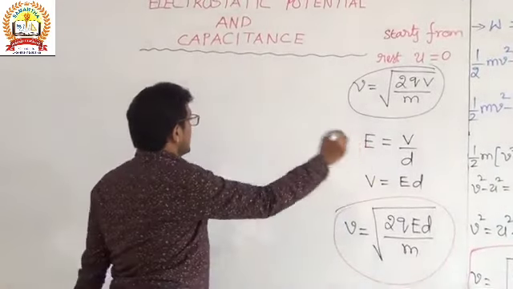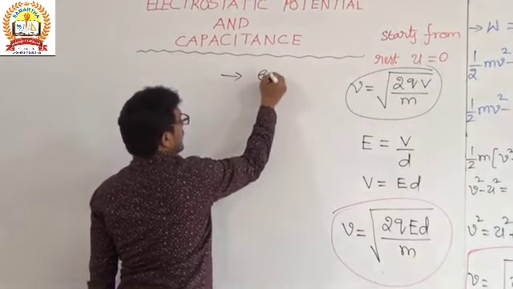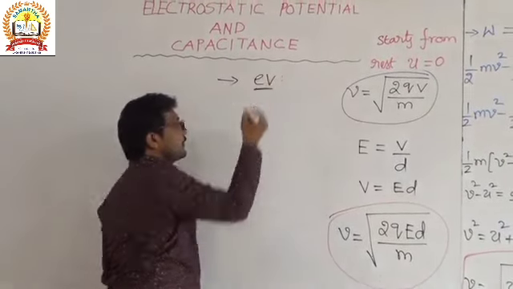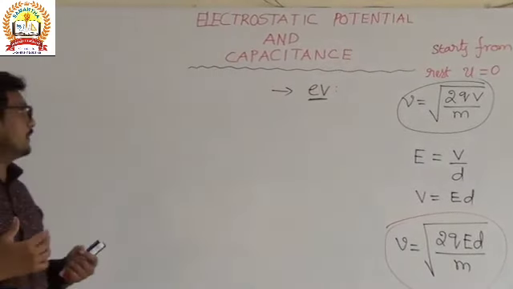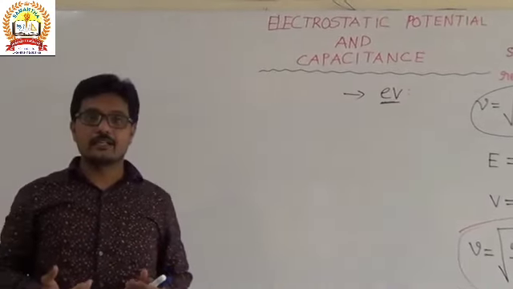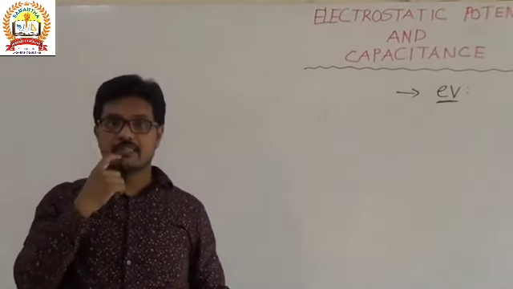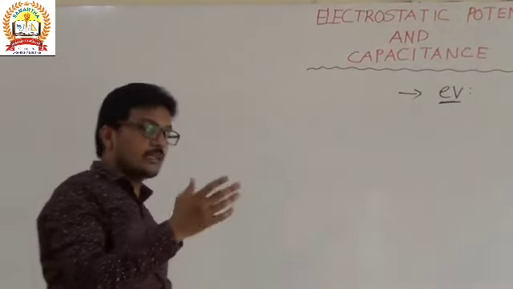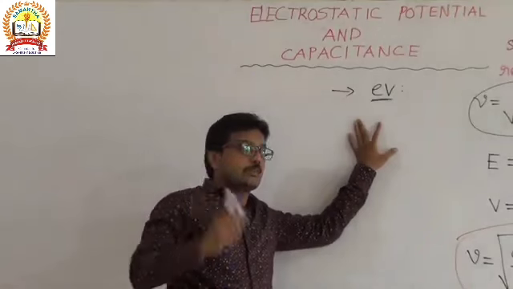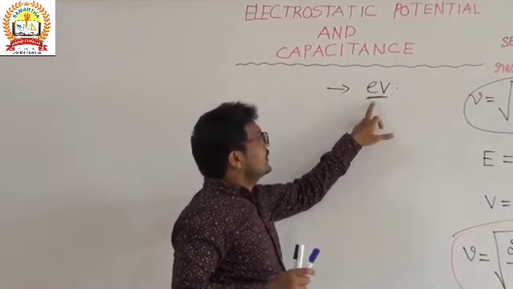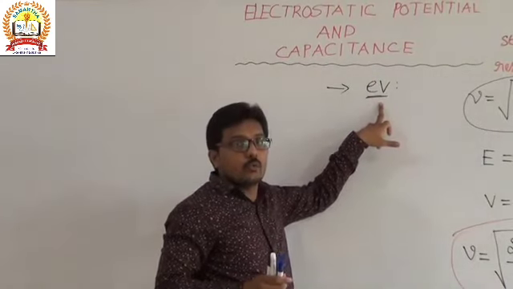If a charged particle, such as an electron, is accelerating and gains energy through a potential difference of 1 volt, then the energy is 1 electron volt.